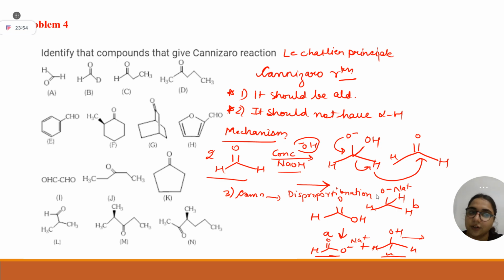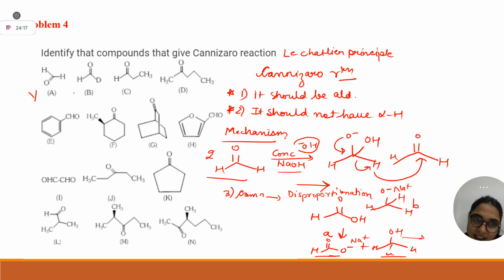Clear? Okay. If clear, just tell me yes or no. Compound A, will it go through Cannizzaro reaction? Yes. I want an answer from everyone, not only these two students. Okay. B, yes.